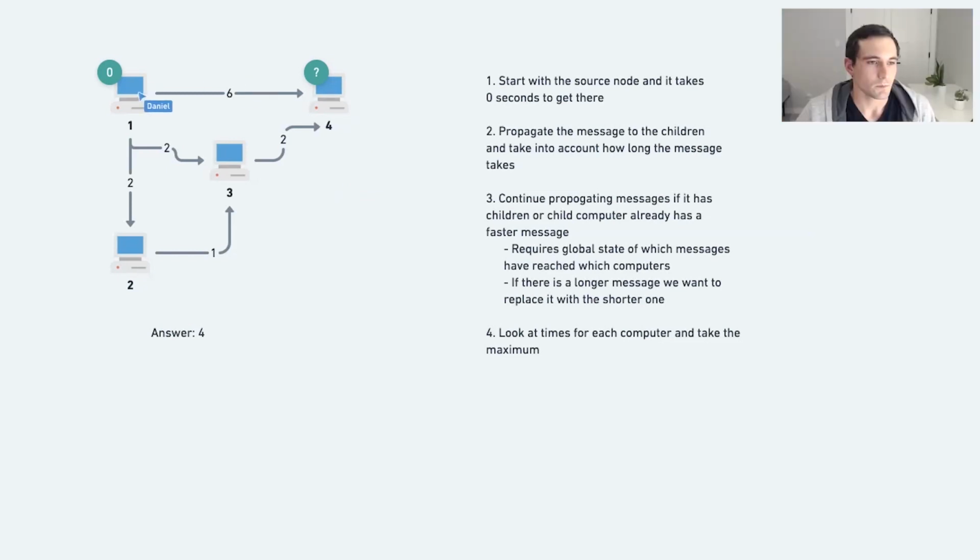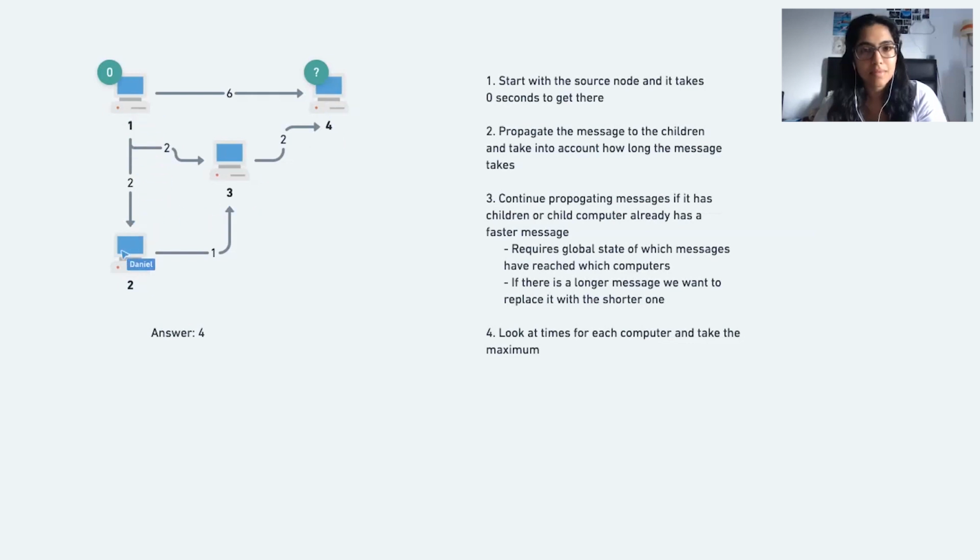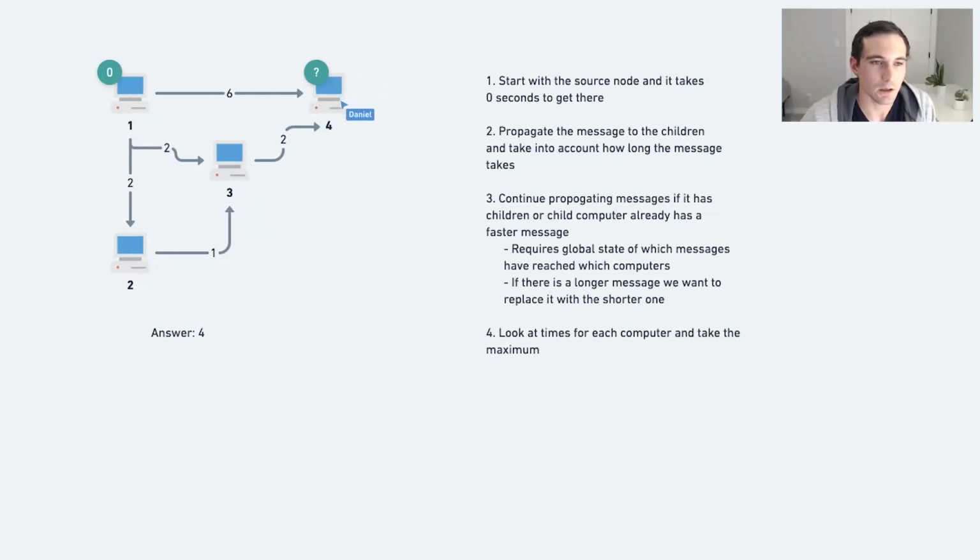Yeah, so we have a direct connection here, and we have some other connections that go off to we don't know where. If we're just sitting at this one computer, this could eventually get back here. But we're not really sure if it could get back there or not, and we're not sure if it can get back there in a shorter amount of time.